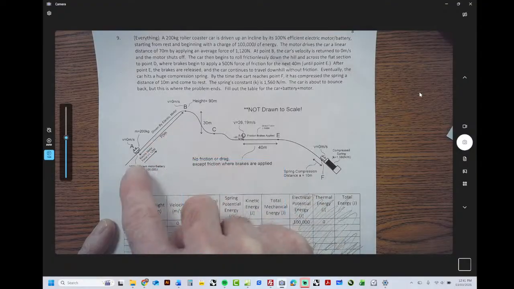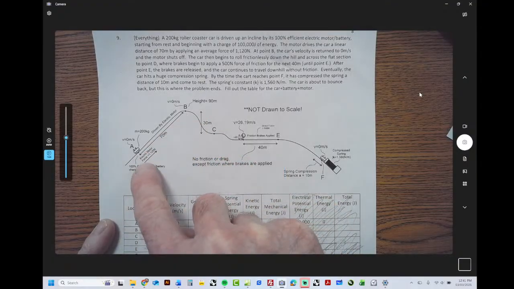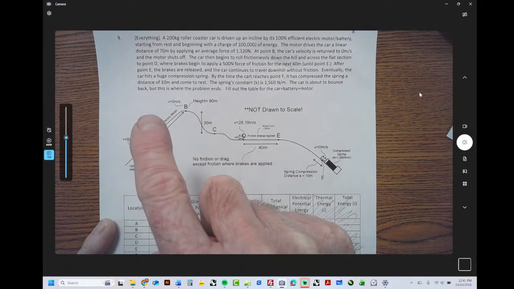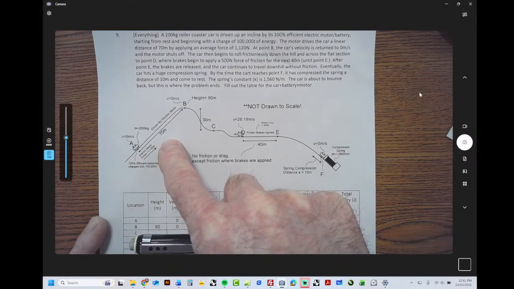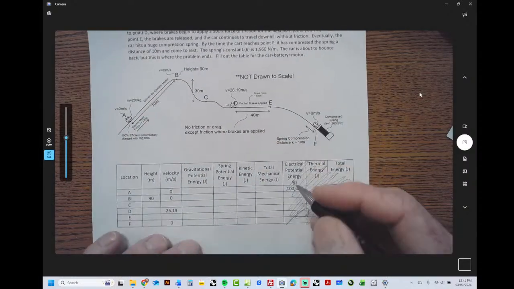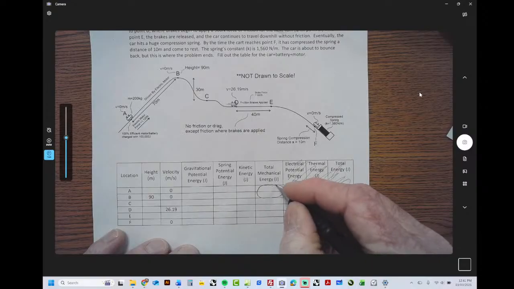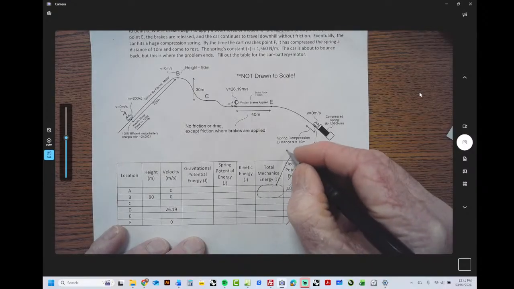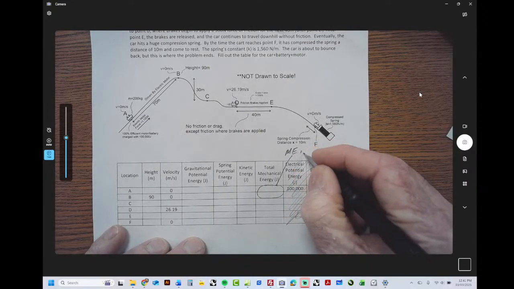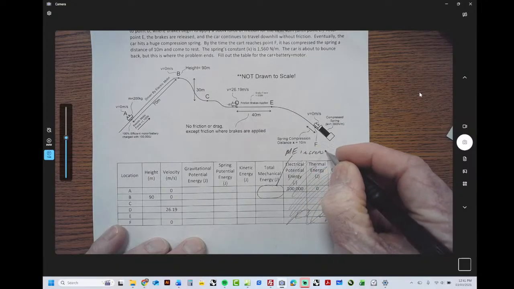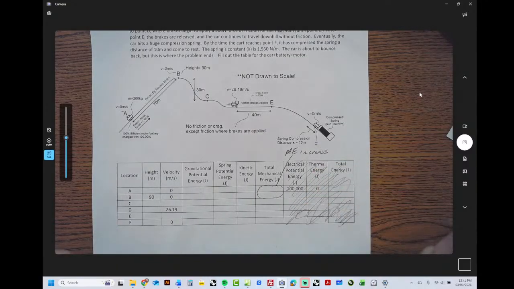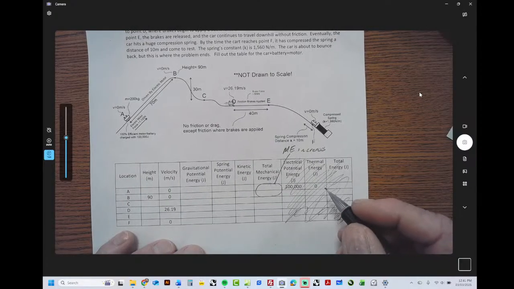And that's giving it a push in the direction it's going. That's not slowing it down, that's helping it up this hill. So I have identified the place where there's positive work between A and B. So I'm going to make a little note right here. I'll circle both of these, and I'm going to write mechanical energy increases. So between A and B, there's going to be an increase of mechanical energy.